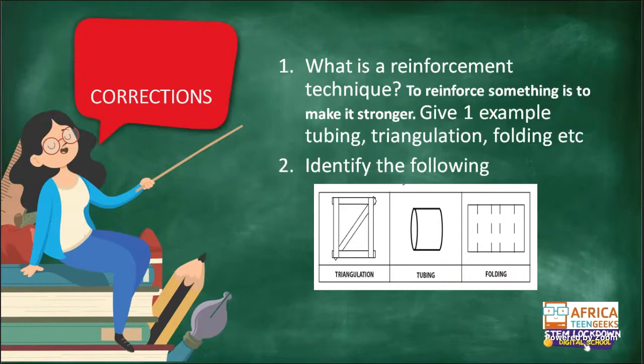So it's a technique used to make what? Something stronger. And then it says, give one example. So tubing, triangulation, and folding are all what? Reinforcement techniques. And number two says identify the following. Number one was triangulation, number two, tubing, and then what? Number three is folding. Okay.